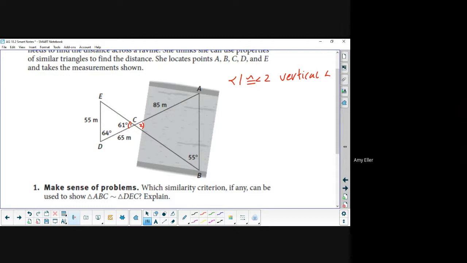This one says 64. I don't see a 64. This one says 64. Okay. What do all angles in a triangle add up to? Yell it out. 180. So take your calculator. Everybody. 180. Subtract these 2 that were given to see which one you have left.